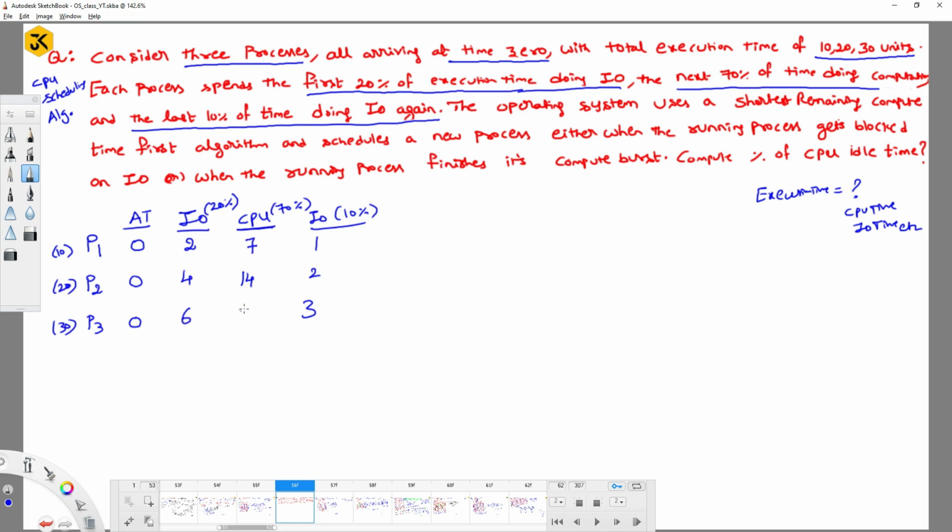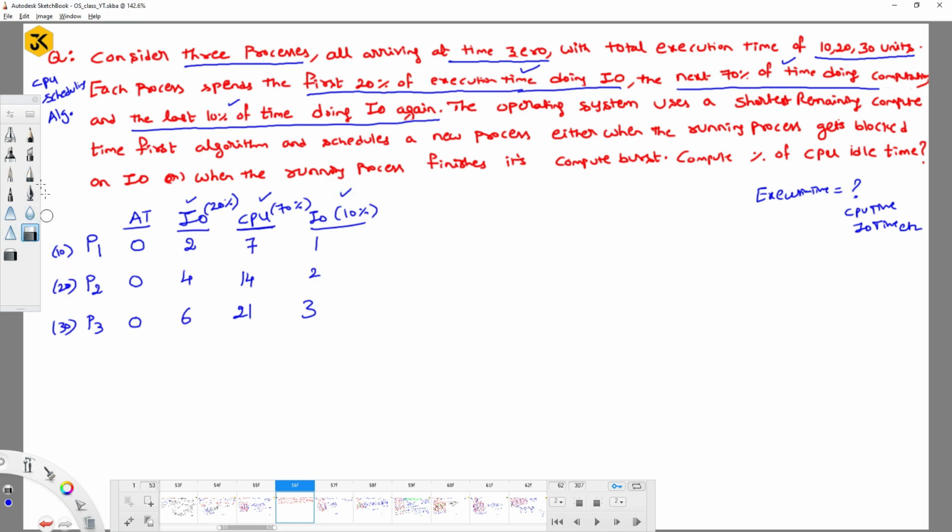And this will be 21. 70% of 30 will be what? 30 into 70 by 100, which will be 21, right? Hope you know clearly how I have formed this particular table. So 20% of the time is meant for IO operation, 70% is meant for CPU, and 10% is meant for IO once again.